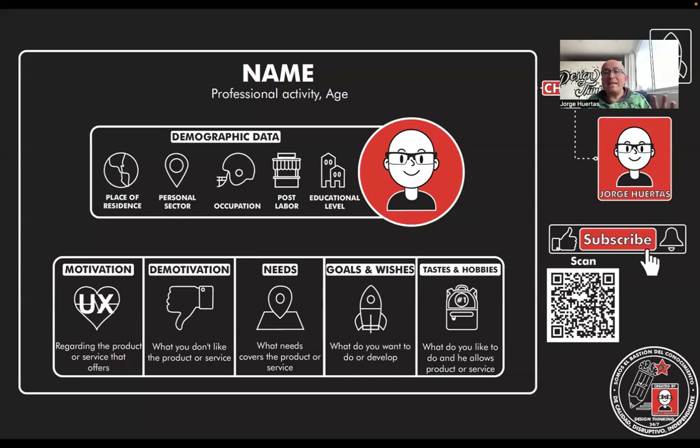So this is like the basic customer profile, but you can make it more specific. You can make it with more data, and that will allow you to understand what I wish to have in my customer, like the best possible scenario with all of that.